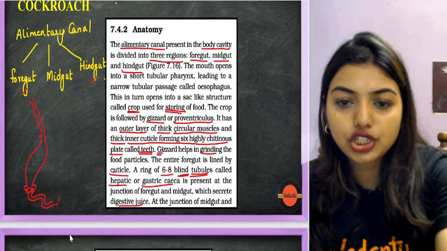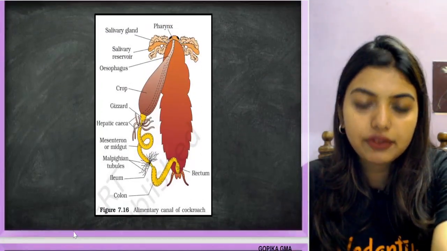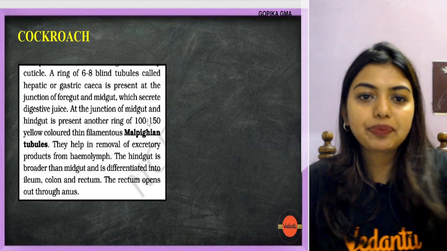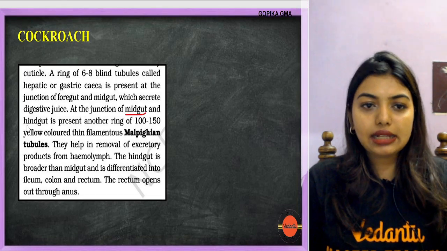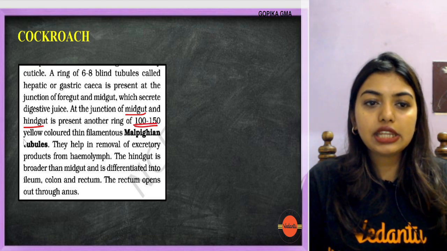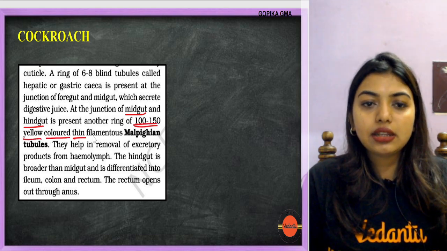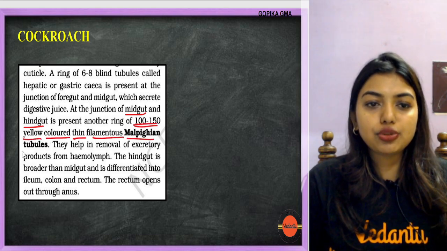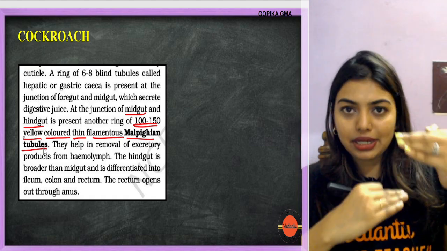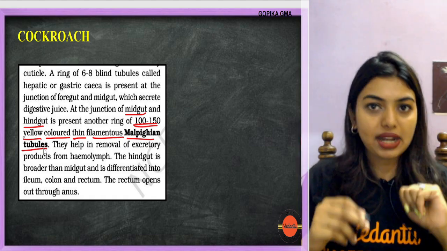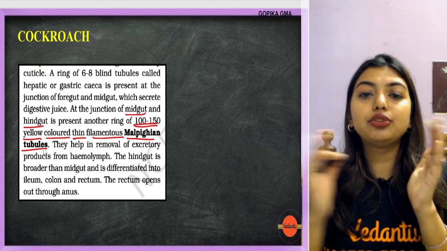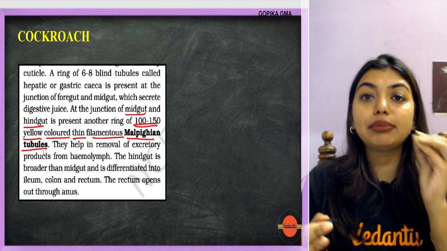At the junction of the midgut and the hindgut is another ring of 100 to 150 yellow colored thin filamentous malpighian tubules. So remember, between foregut and midgut you have 6 to 8 hepatic caeca, and between midgut and hindgut you have 100 to 150 malpighian tubules.